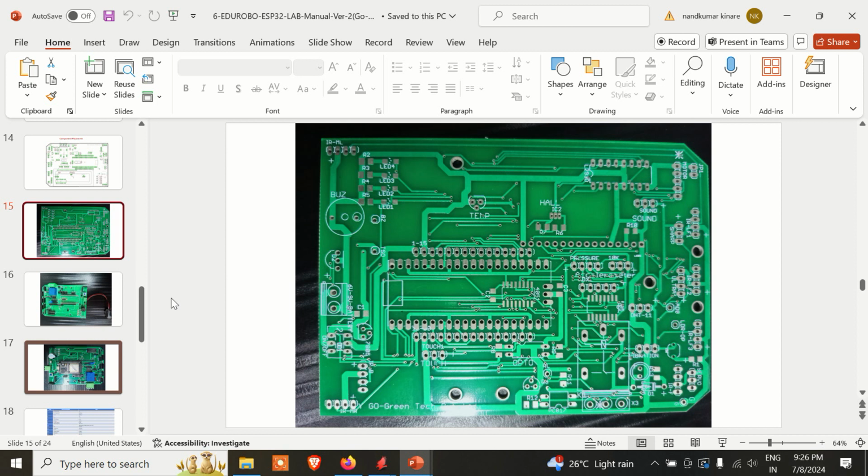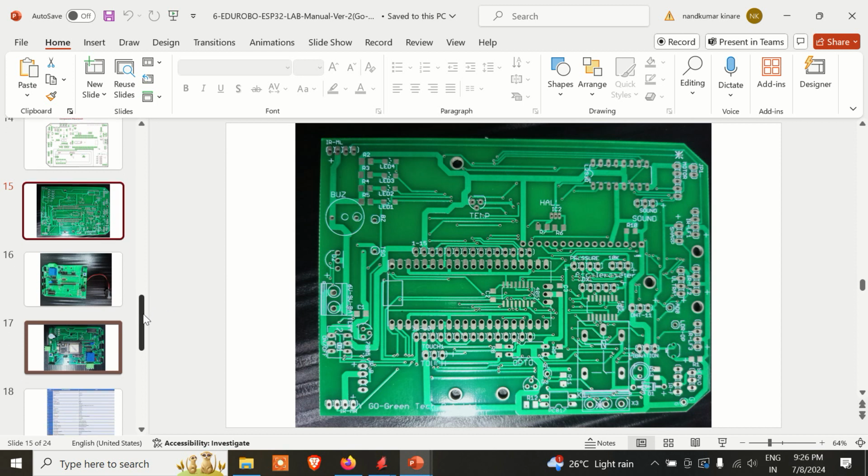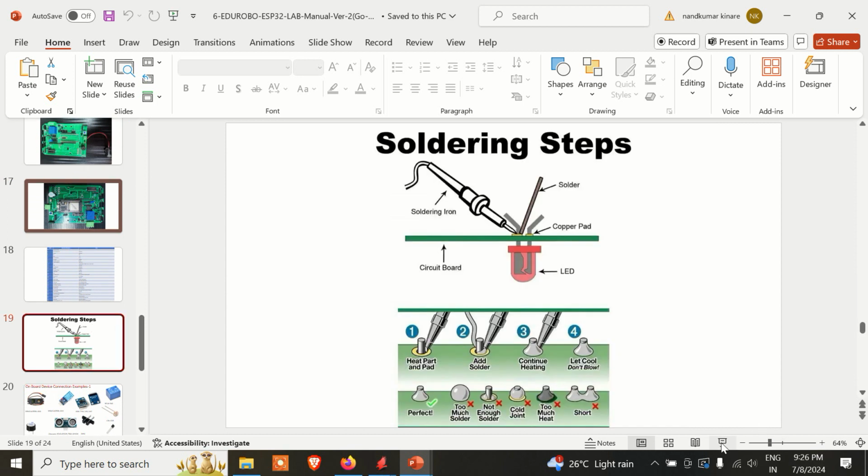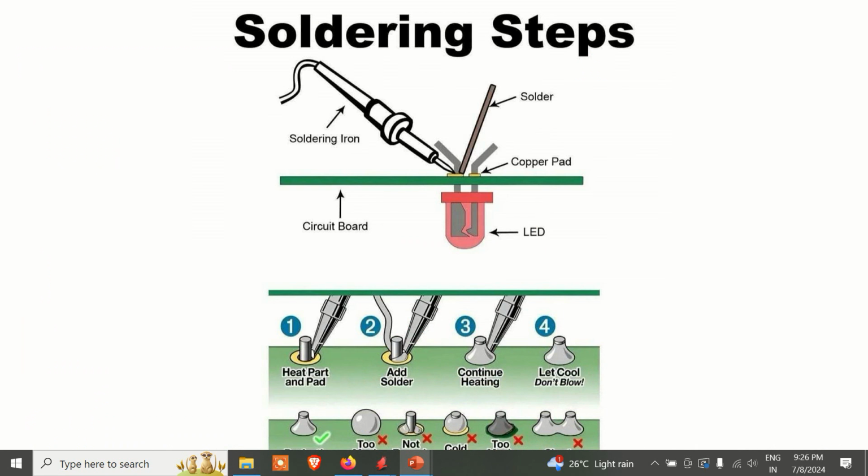If you remember my video, I explained some basic techniques. First of all, when you hold the soldering gun, make sure the temperature is properly set, roughly around 300 degrees.